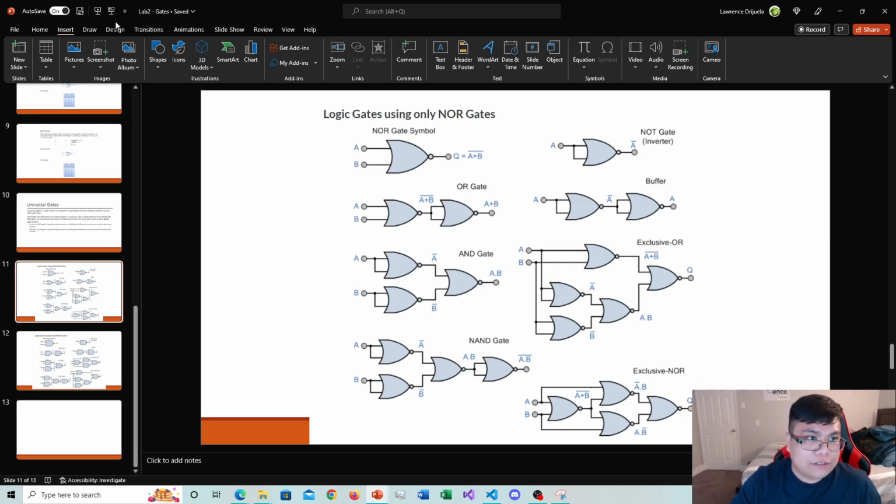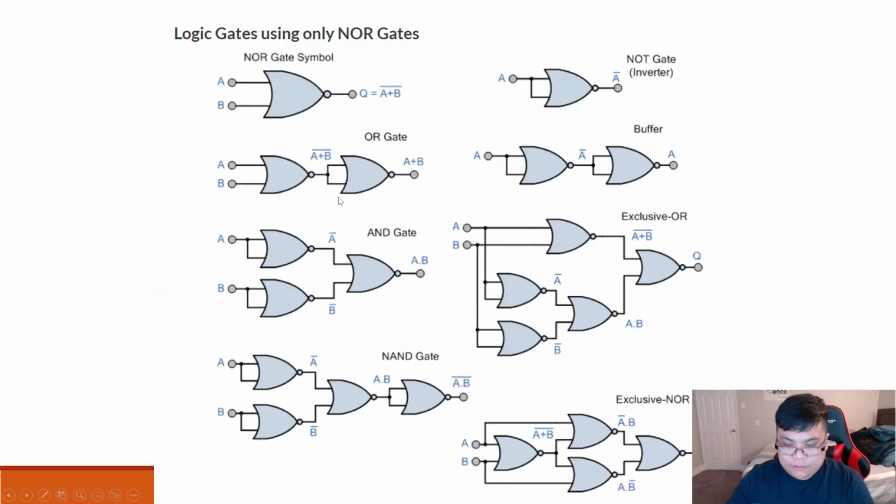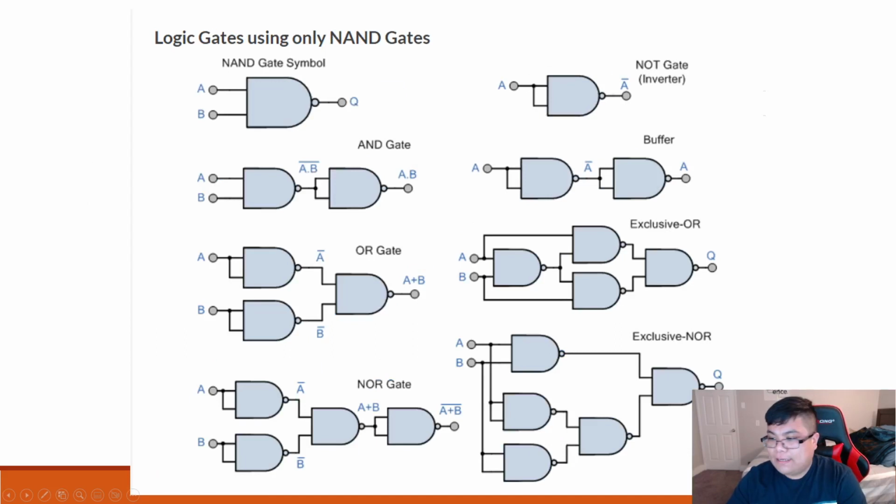Okay? So let me do this. Let's cross out the ones I've already shown you. I've already shown you how to do this, and I've already shown you how to do this. Okay?